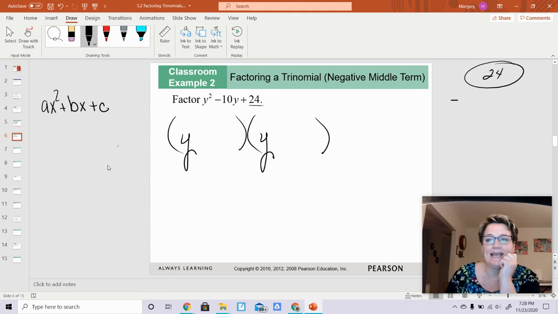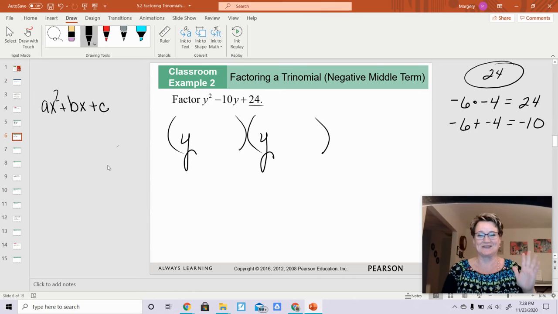I have a negative 6 times a negative 4. When I multiply those together, I get 24. When I add negative 6 and negative 4, I get negative 10, and that's your middle term. So I found the two factors.